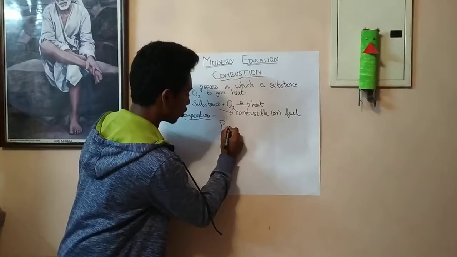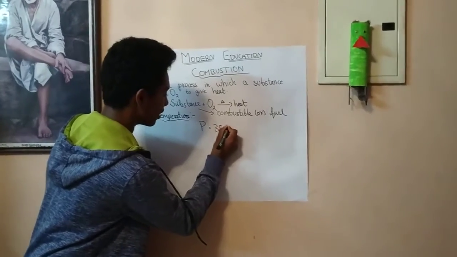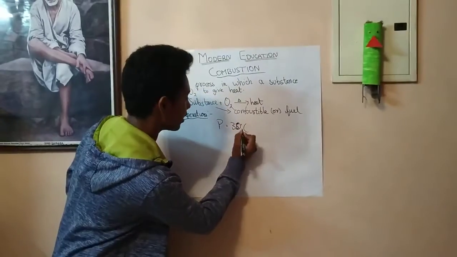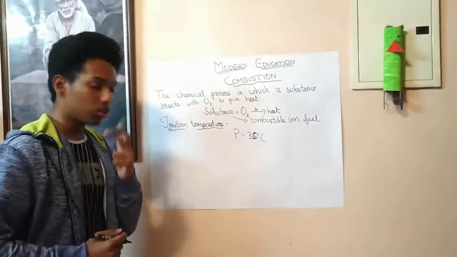The ignition temperature of phosphorus is 30 degrees Celsius. Let us go through the definition.